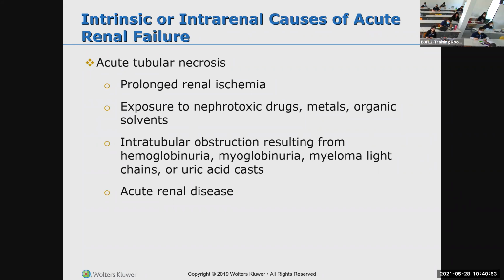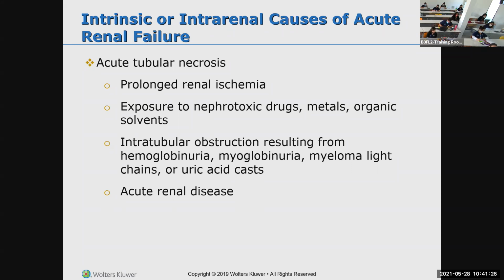So now the kidney causes: intrinsic or intrarenal causes of acute renal failure. My kidney itself is now at fault. Not pre-renal, not post-renal, now the renal. Maybe acute tubular necrosis, resulting from prolonged ischemia or exposure to nephrotoxic drugs. I mentioned that one. We need to be very careful.